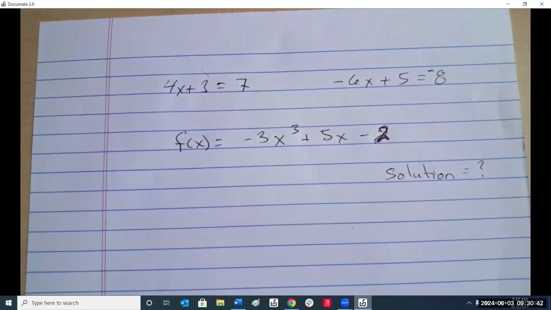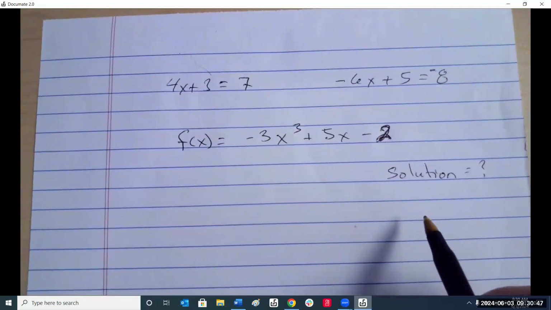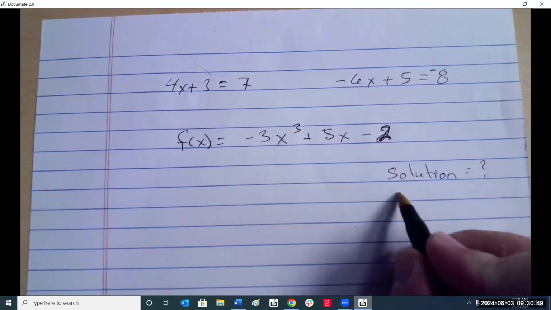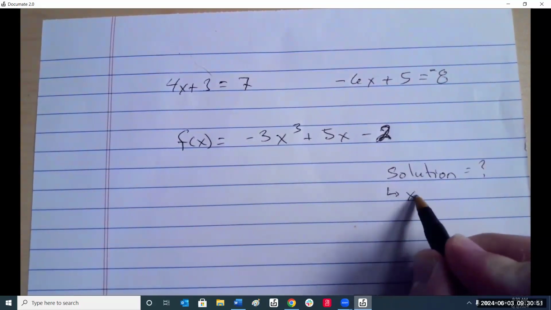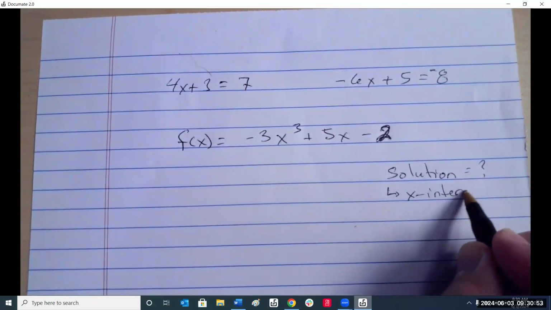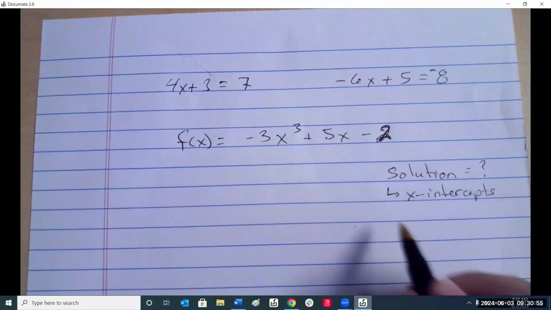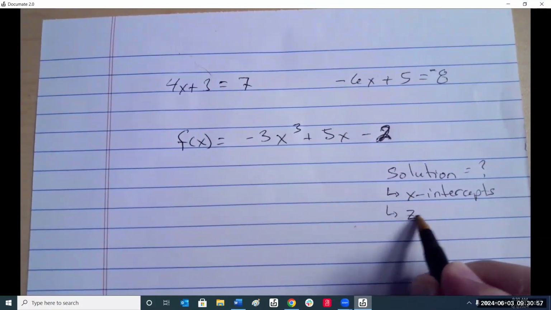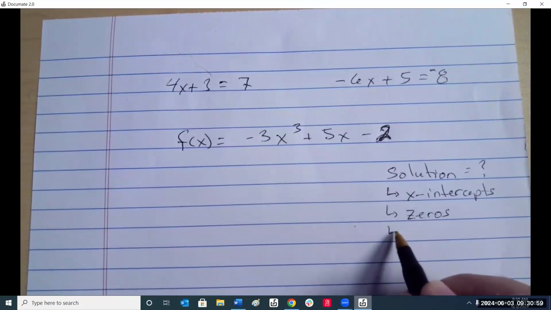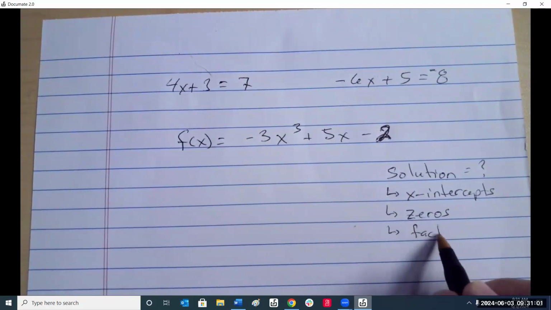It all depends on what you're talking about. It's an infinite number of them. What we're talking about here in mathematics, when we talk about solutions, are x-intercepts. They're also called zeros. They're also called factors.